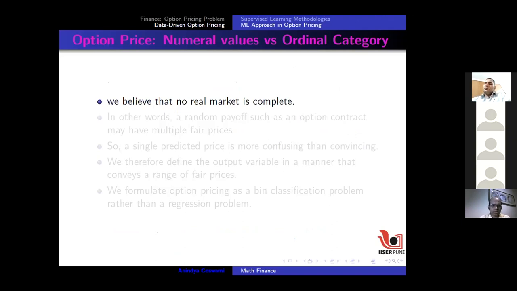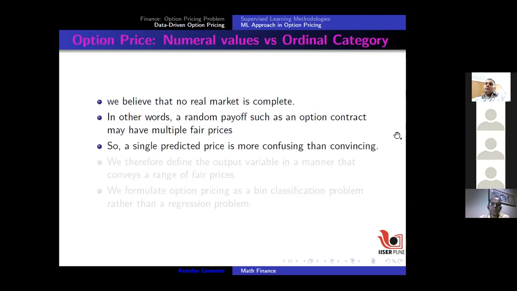Now I'm going to give a little more detail, but I'll go through this very quickly. Basically, instead of prescribing a single option price, we prescribe an interval of option price, because the market is incomplete, so there could be multiple prices.